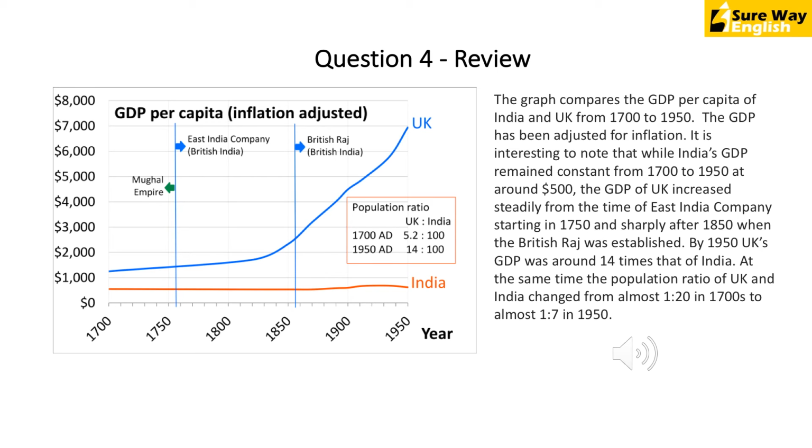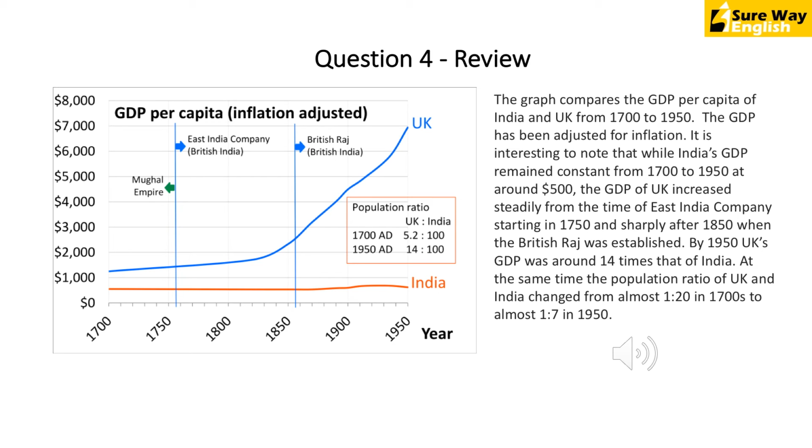The next one, then you tell about India, and then you tell about the UK. So it's clear, you can notice that it's divided into three time periods. So Mughal Empire, then the East India Company, and the British Raj.